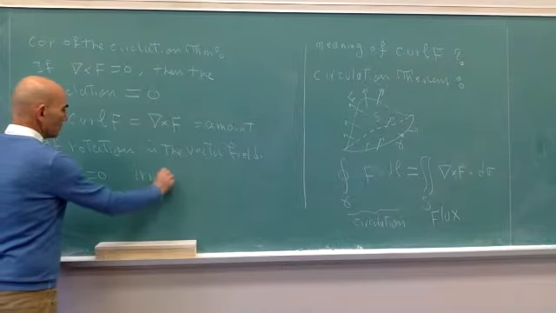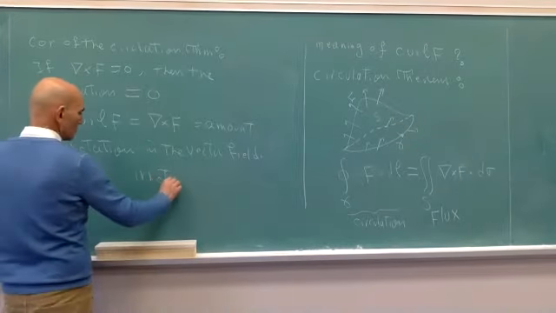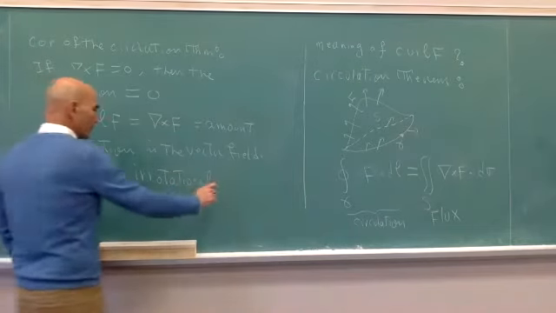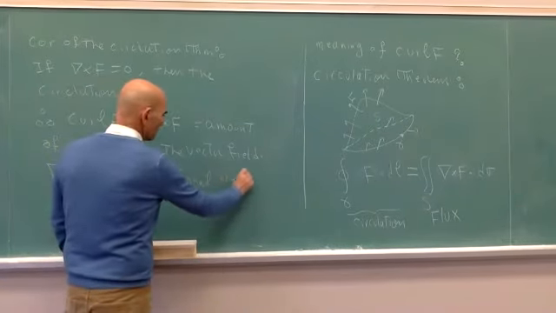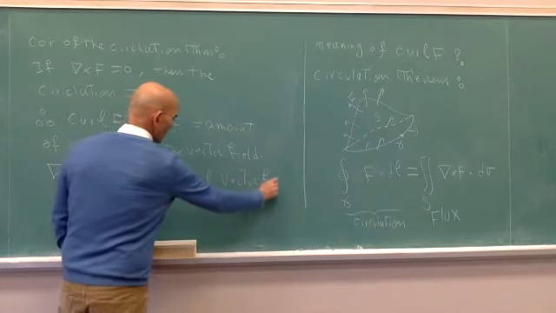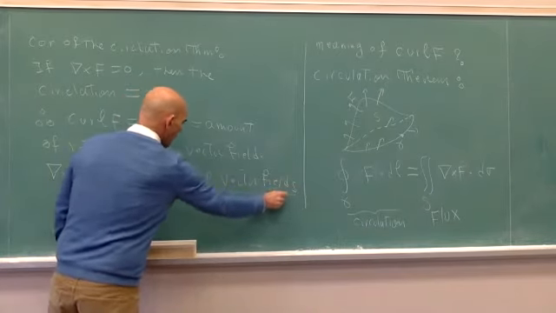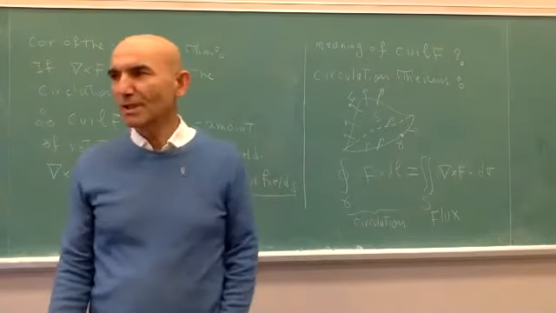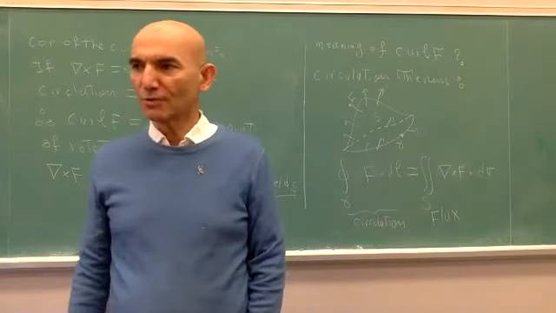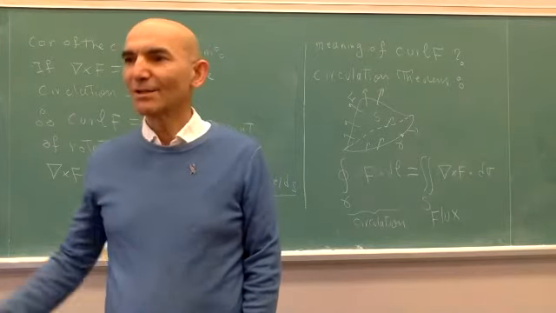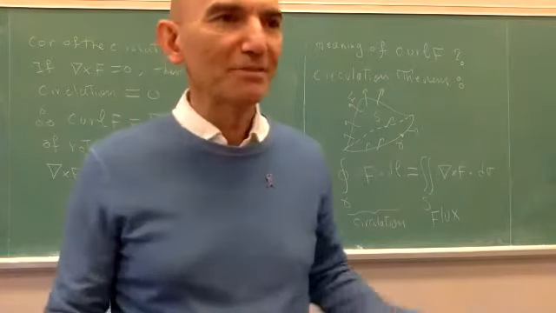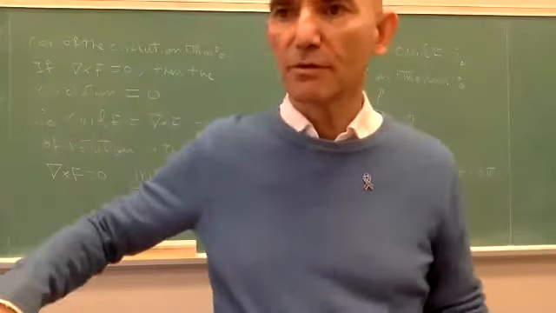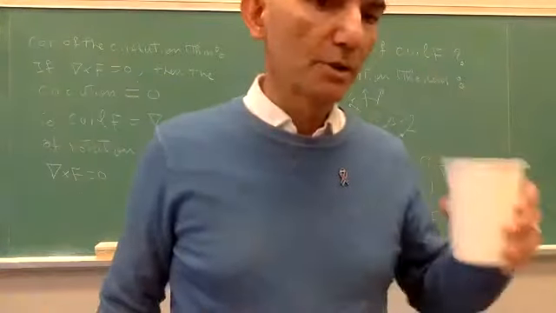Don't confuse irrotational vector fields with irrational vector fields. Don't call them irrational. They sound close, but they're very different terms. Irrotational means there's no circulation, no rotation in the field. Irrational is a totally different concept.